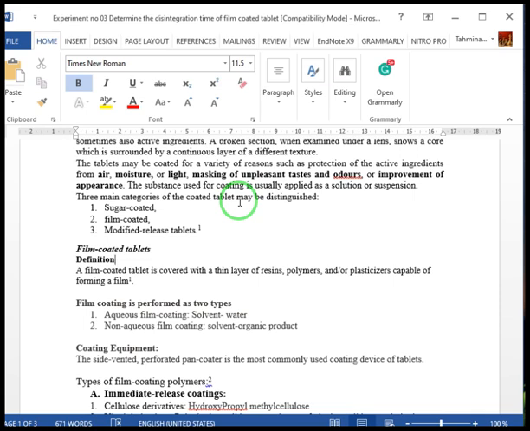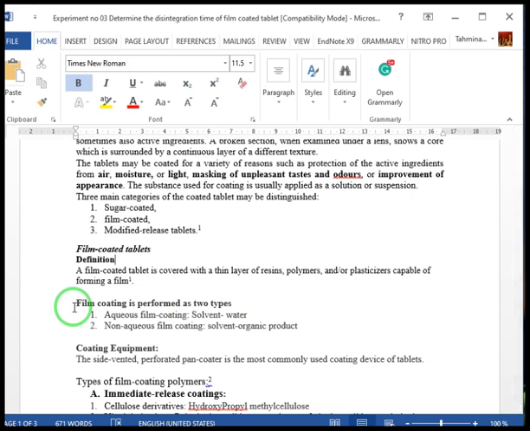So, film coated tablet. According to the WHO guideline, a film coated tablet is covered with a thin layer of resin, polymers, and plasticizers capable of forming a film. How is this film coating process performed?